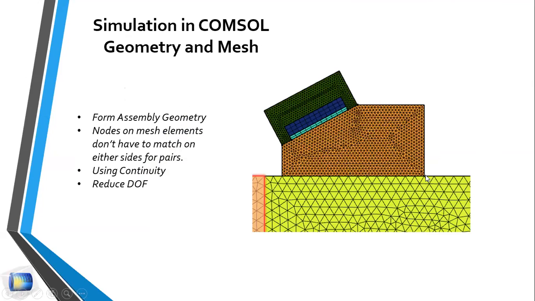You know that if you use form union for your geometry, COMSOL matches the nodes on the interface. But by using form assembly, COMSOL doesn't do so, and this is very good for reducing the computation time and size.